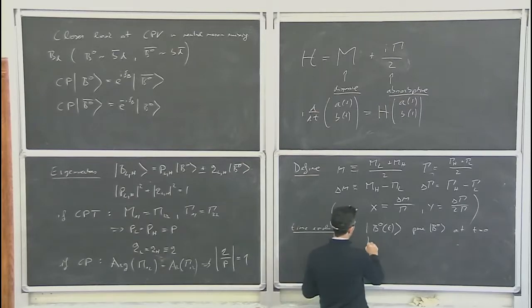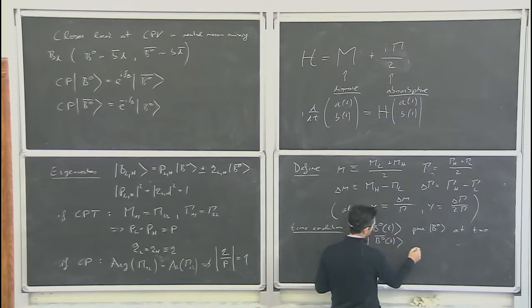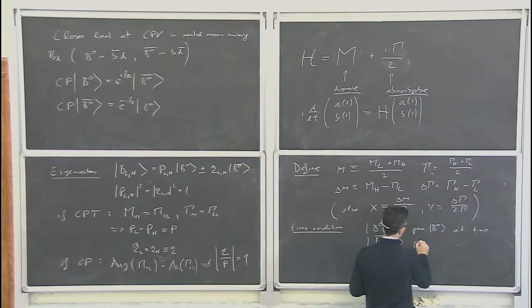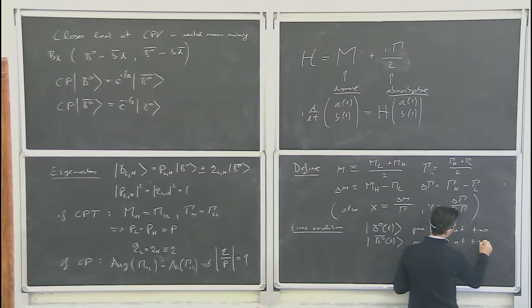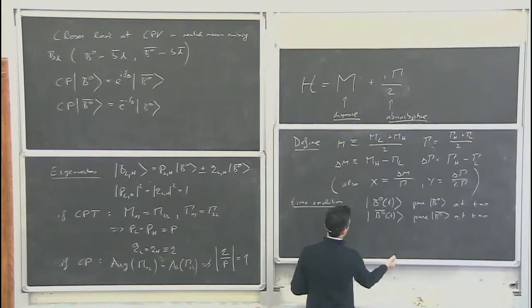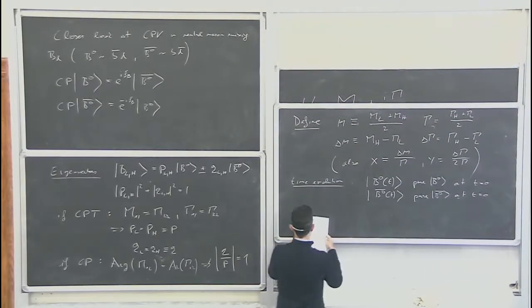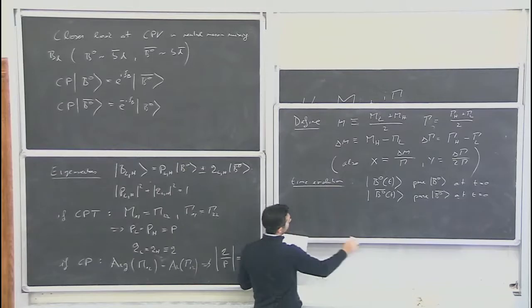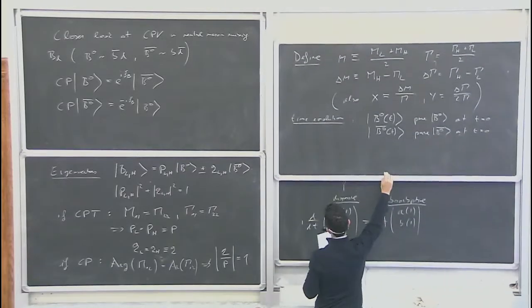And similarly, I will define B naught bar of t as the state which started out as a pure B naught bar flavour eigenstate at t equals 0.